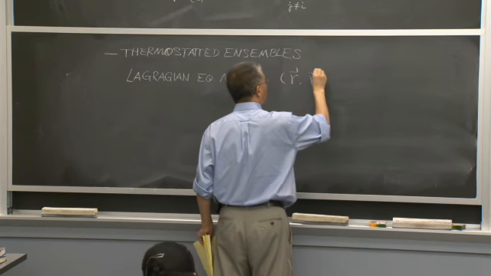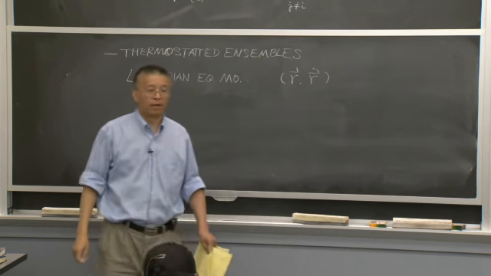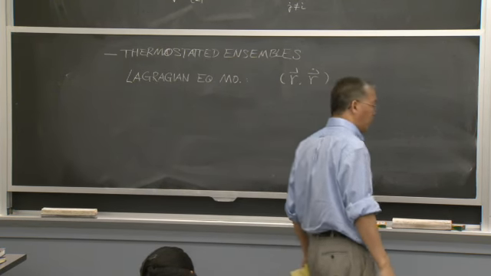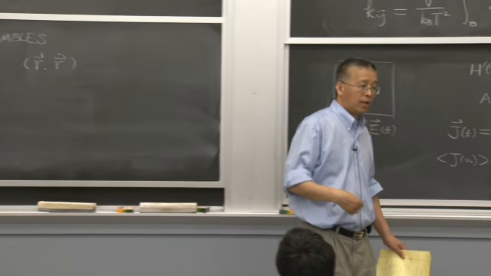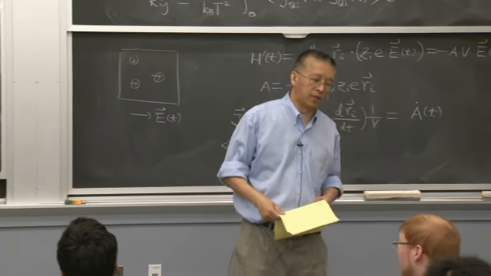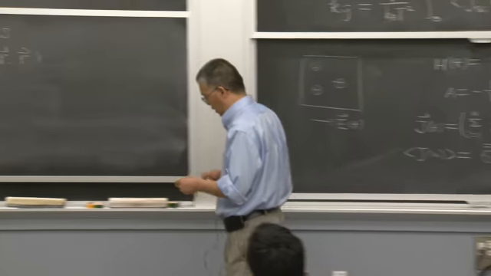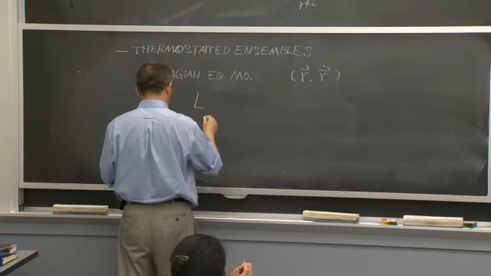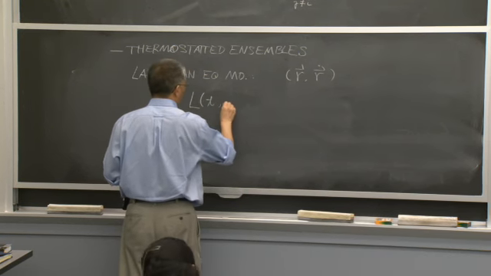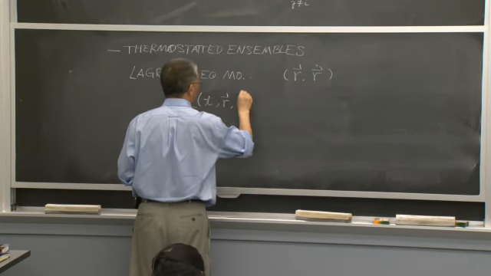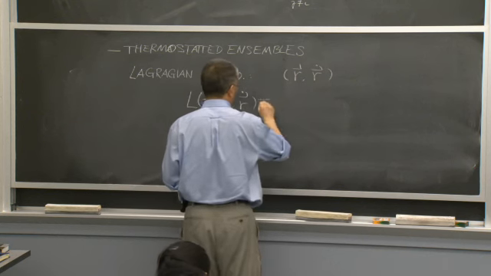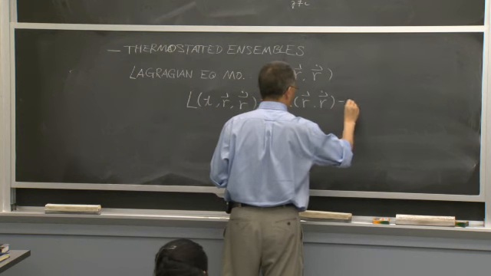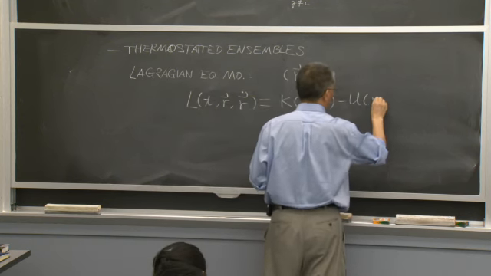What you use is r dot. Okay, you use the velocity and space as your variables, and you construct the Lagrangian of the system, which is a function of time, a function of r, a function of velocity, and the Lagrangian of the system is kinetic energy, a function of r dot, minus the potential energy.